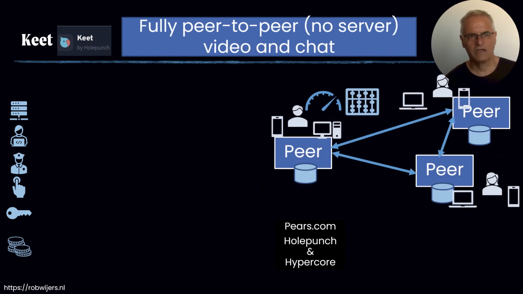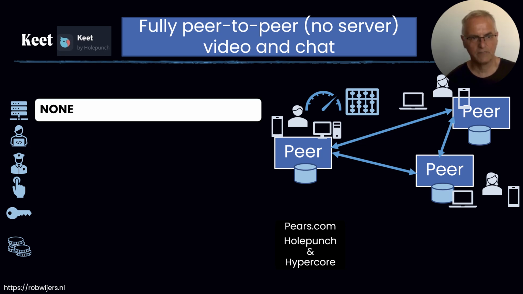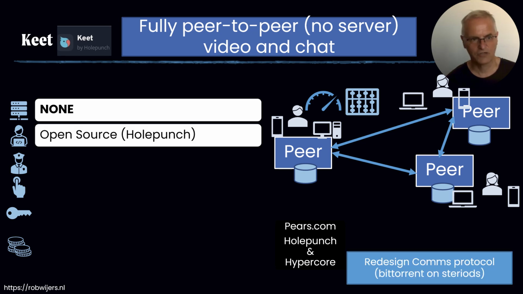The next one is Keet. I need to explain a little bit. Keet is the application, and what they're running on is Holepunch. There is no server, and the application Keet is used for video and chat. So you don't find in the picture any central server, not even a small relay. It's really peer-to-peer, so no central server.